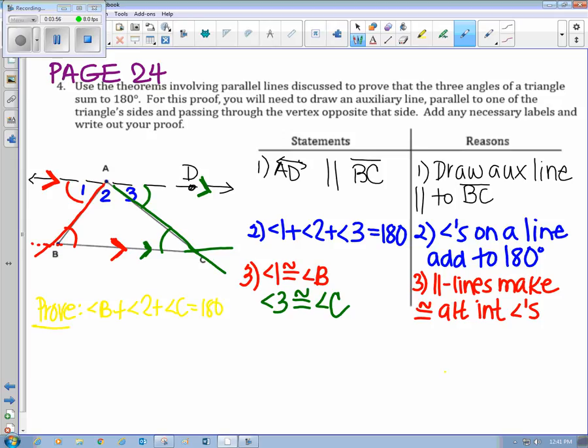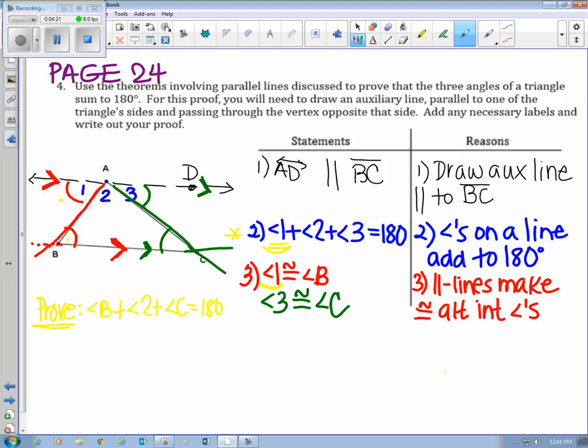That's what they're asking me to prove, and that's what I've called the angles inside my triangle. And in the step that I have here, in step 2, I don't want to have an angle 1 here because angle 1 is outside the triangle. I want to have angle B. And you'll notice that angle 1 and angle B are equal to each other. So I can do this substitution for angle 1 and put angle B in its place.